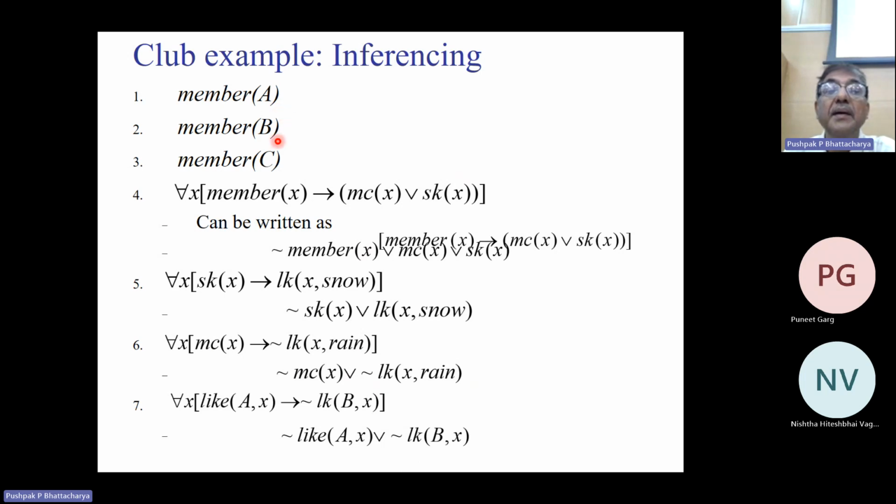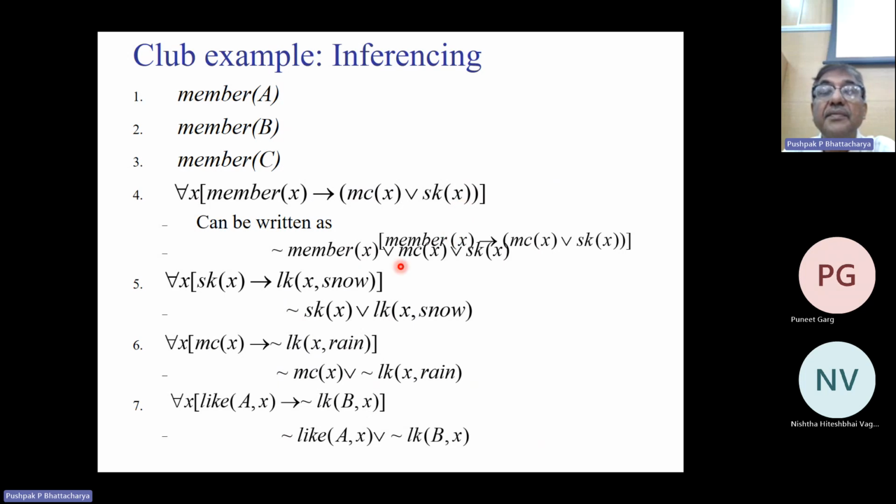So you have member A, member B, member C, and then every member is either a mountain climber or a skier. For all x, member(x) implies MC(x) or SK(x).